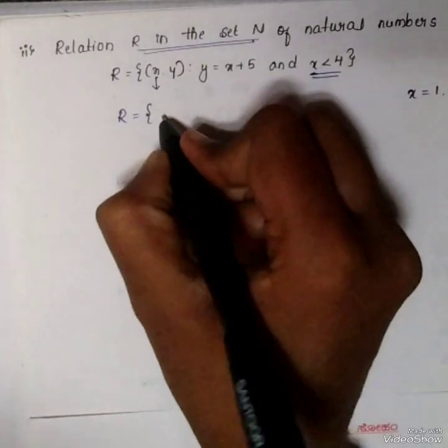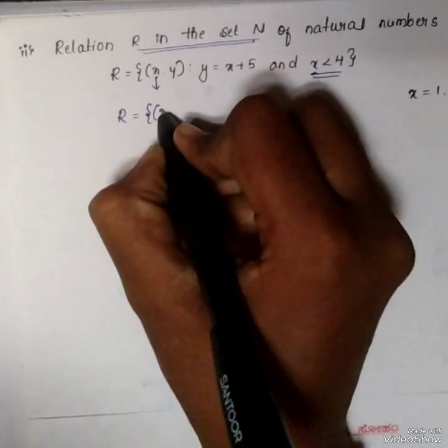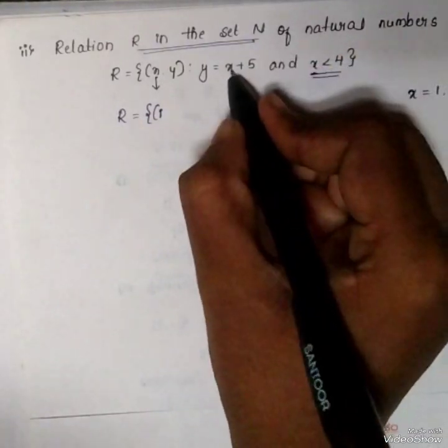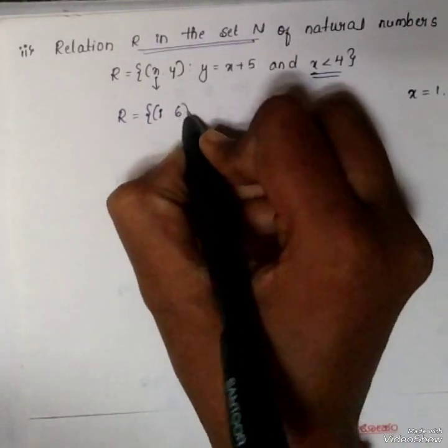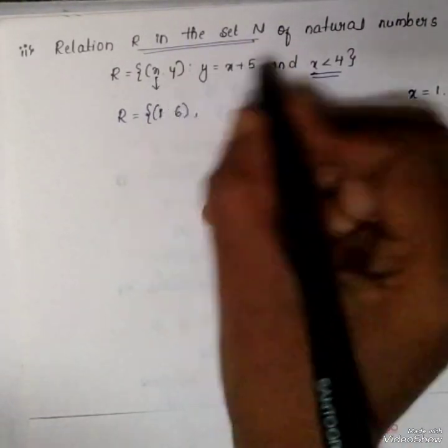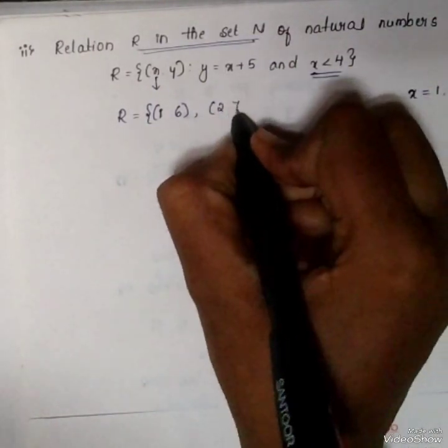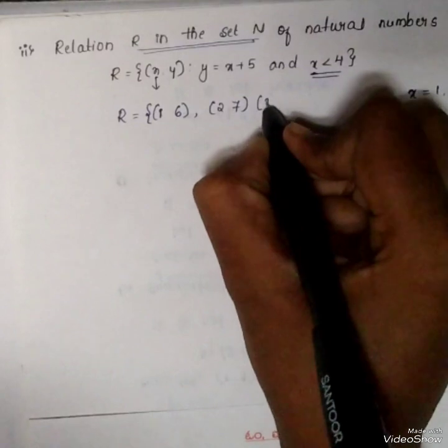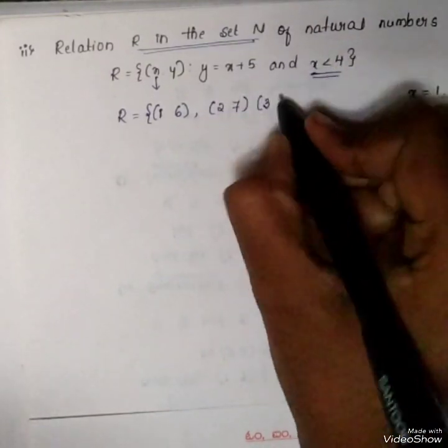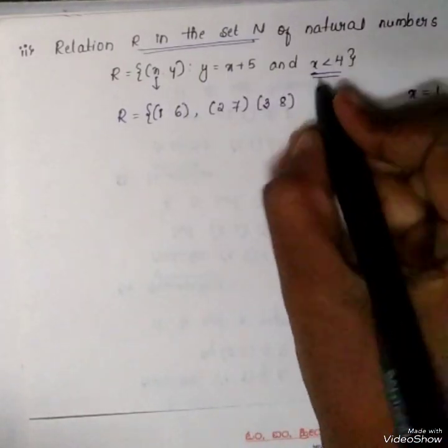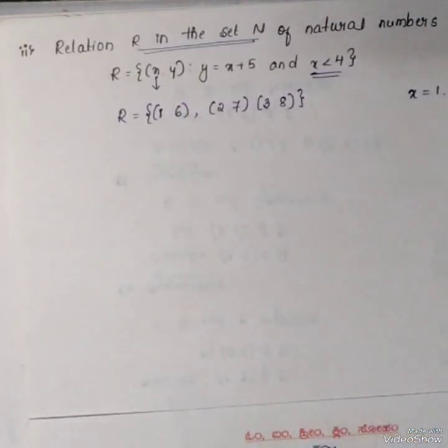Now for the ordered pairs (x, y): for x equals 1, y becomes 1 plus 5, which is 6. For x equals 2, y becomes 2 plus 5, which is 7. For x equals 3, y becomes 8. Then the relation will be the ordered pairs (1, 6), (2, 7), (3, 8).